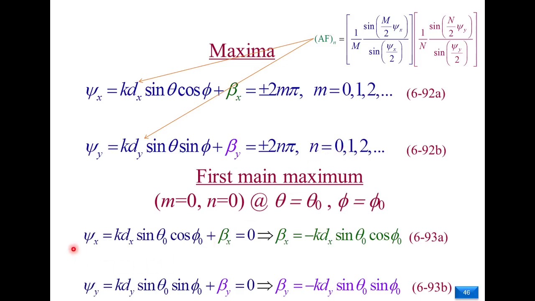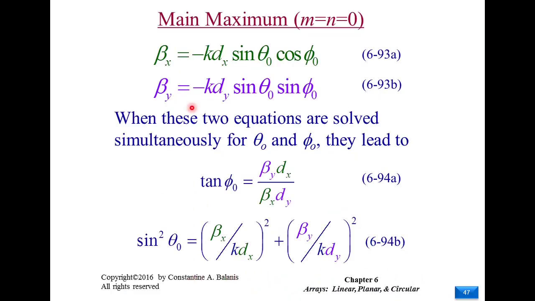So we just write down the expression. We find that for the first peak of the x part of the array factor, we need beta x to have this expression. For the first peak coming from the y array factor, this is the condition for y. And this is bringing the peak at theta naught and phi naught. We need to find those.